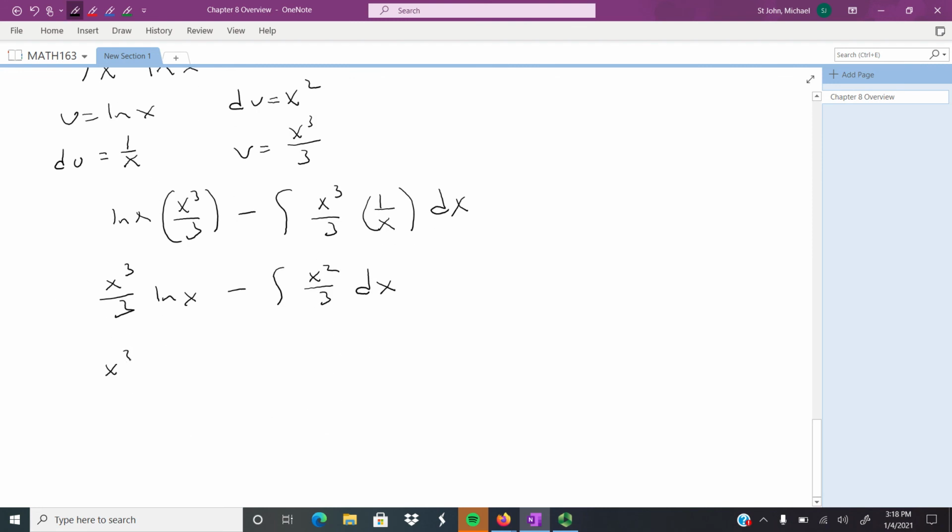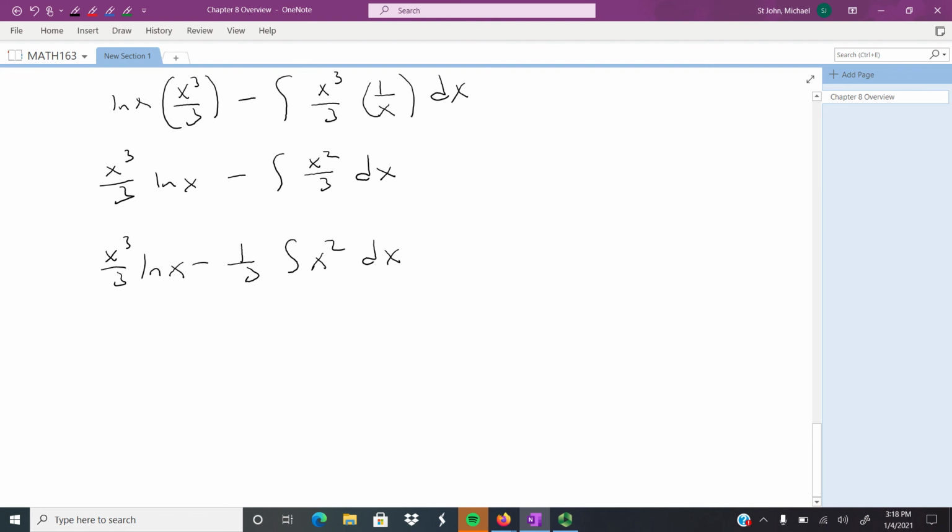And so we get x cubed over 3 ln x minus 1/3 the integral of x squared dx. So x cubed over 3 ln x minus 1/3 x cubed over 3 plus c. And we end up with x cubed over 3 ln x minus x cubed over 9 plus c. For that one, all right?